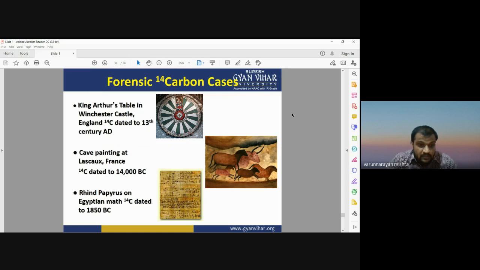The Rhind papyrus, the Egyptian math papyrus, they also used carbon-14 dating, and it was around 1850 BC. So the carbon-14 dating process is used as a forensic tool to get information about how old an object is. Okay, it is very important in any kind of geological process.